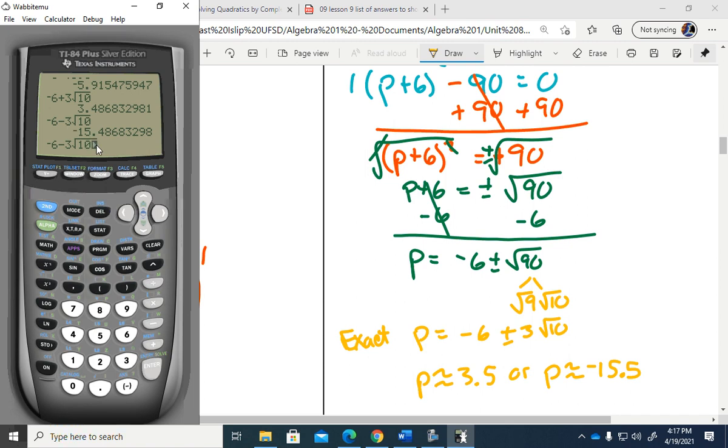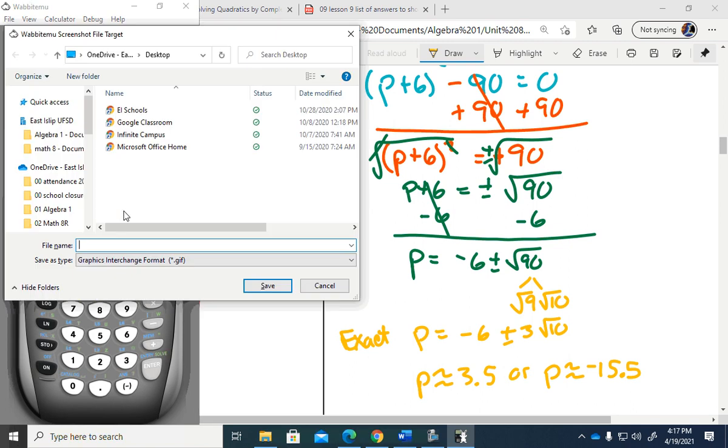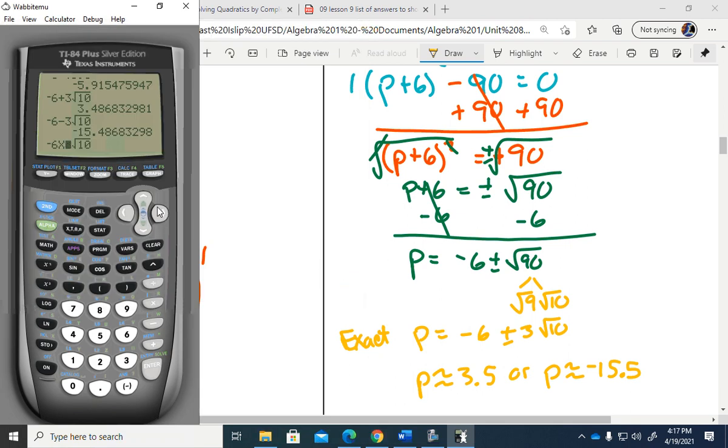And now you could use your back arrow and change that to a plus when you wanted a plus, or a minus when you wanted a minus. So you don't have to retype the whole thing if you don't want to. But I'm not going to do the rest for you.